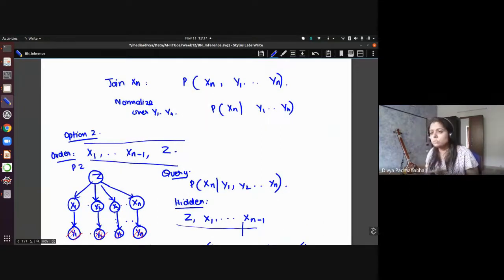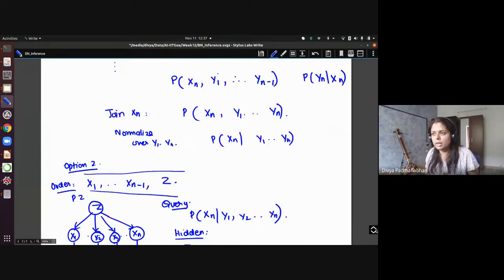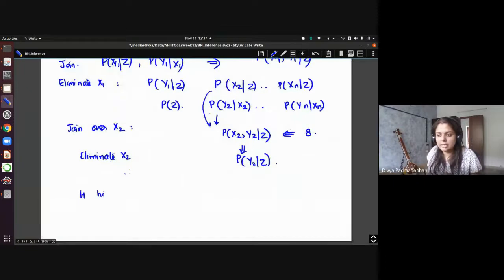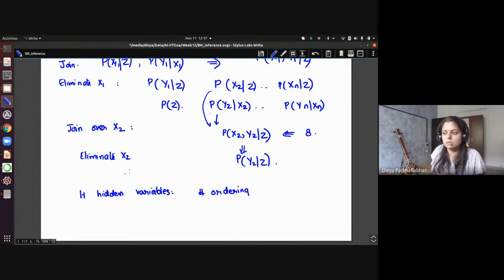So what is the number of orderings that you can have? If there are h hidden variables, what's the number of orderings possible? H factorial, right? Basically a permutation of all these h variables. So you can try to search for the best ordering beforehand.